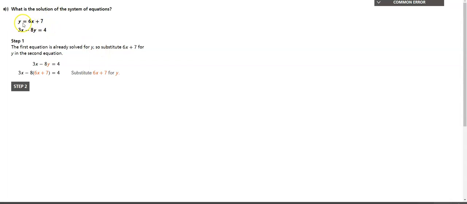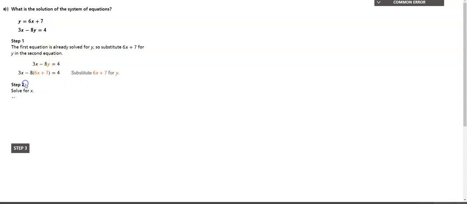Because y is the same as 6x plus 7, I can take 6x plus 7 and replace y. I'm just going to put it right in for this variable. You can see down here, where they took y, and instead of y, they wrote 6x plus 7.